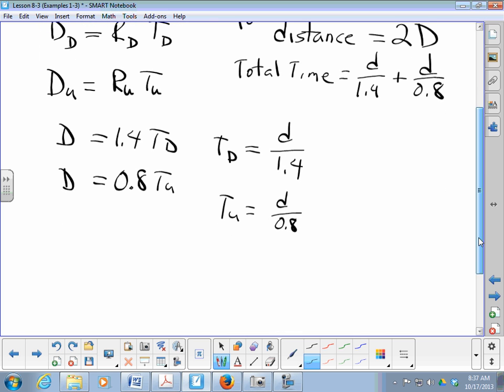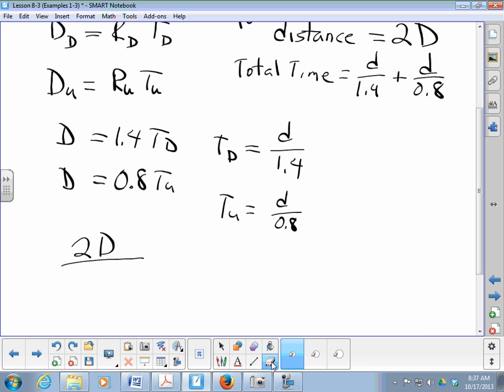So we have my total distance divided by, oops, I started using little d, didn't I? Sorry. They should all be the same d's. I like capital letters for those.